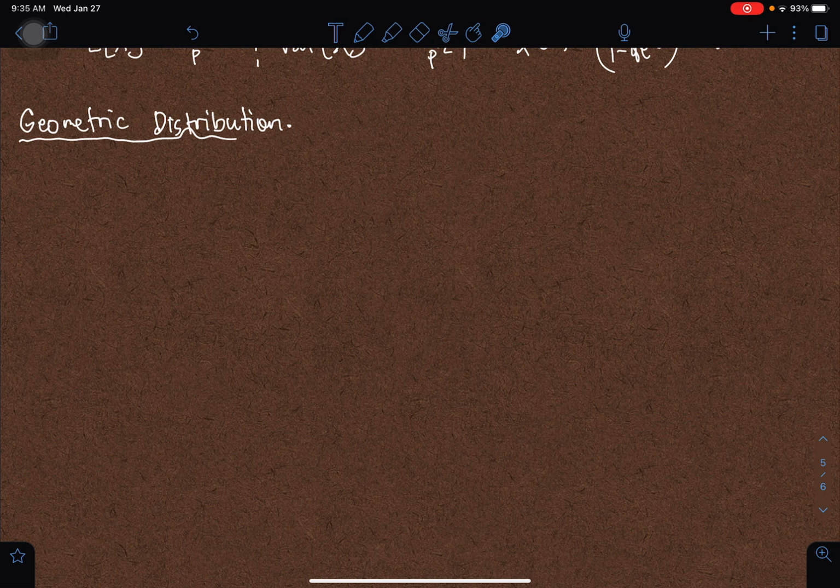Again, our experiment is to repeatedly perform a Bernoulli trial independently, so that the probability of occurrence in every trial will be the same, or is a constant, and then we're going to stop the experiment once we have observed the first success.